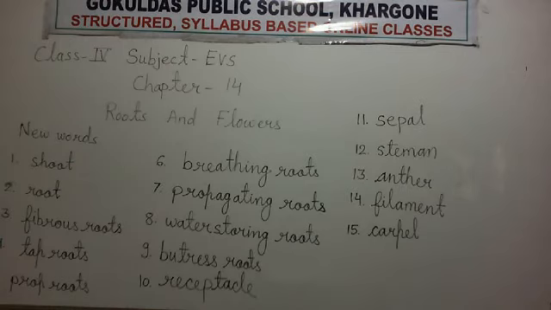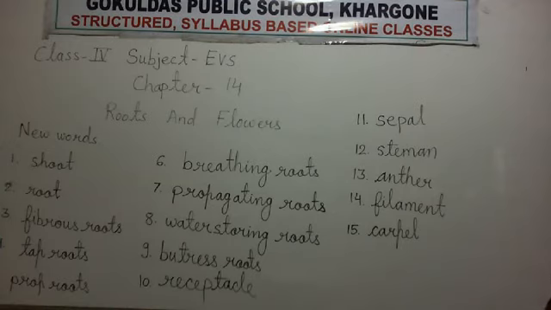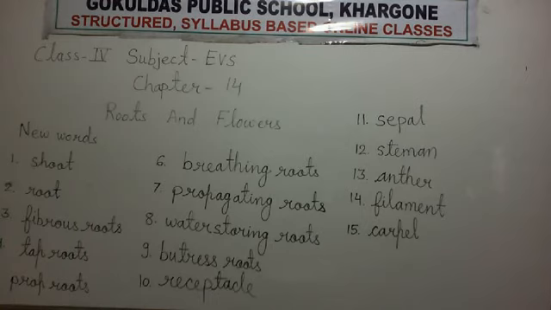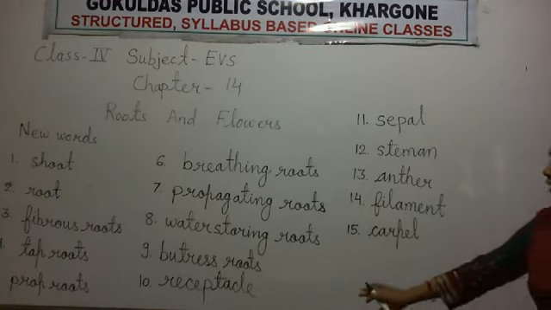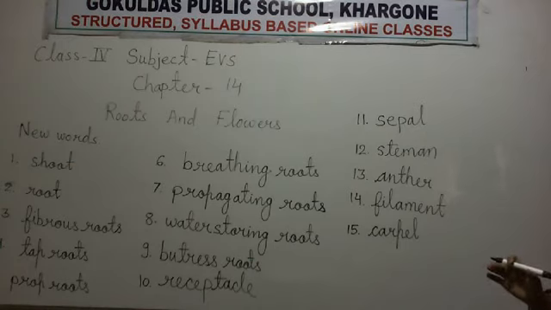And what is the color of the sepal? The sepal is found in green color. And it is attached to all parts of the flower, because the receptacle gives the support and the sepal holds all the parts of the flower. Clear?